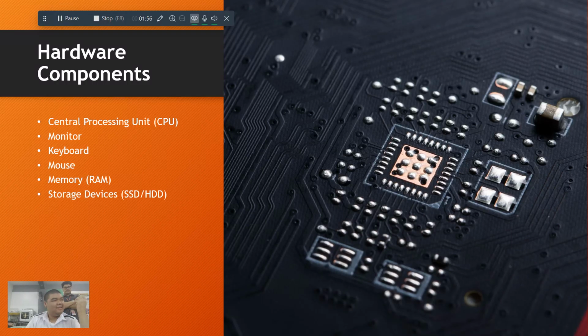It runs everything, such as the monitor, keyboard, mouse, memory, storage devices, or anything else. So this is what the hardware components are used for. Make sure you tell me what hardware components are.